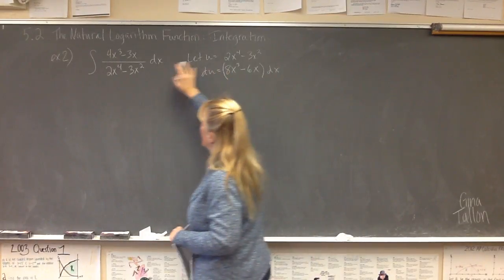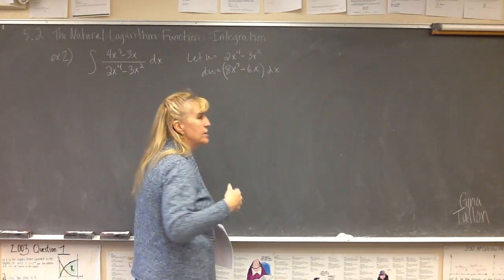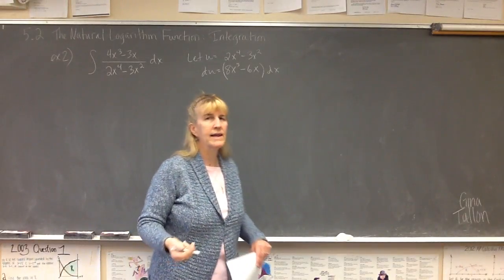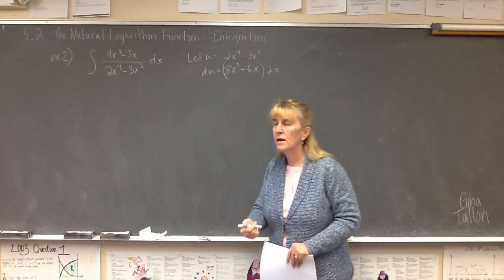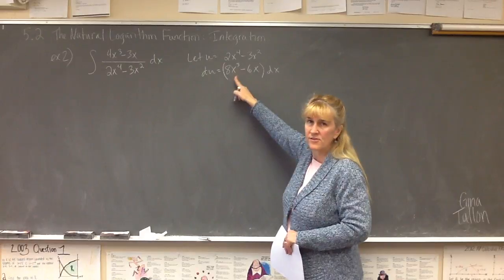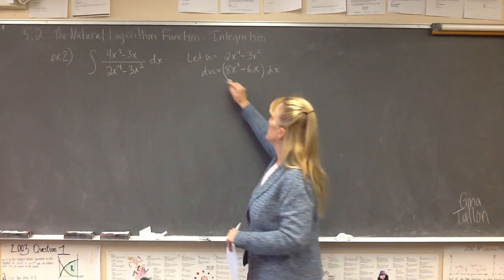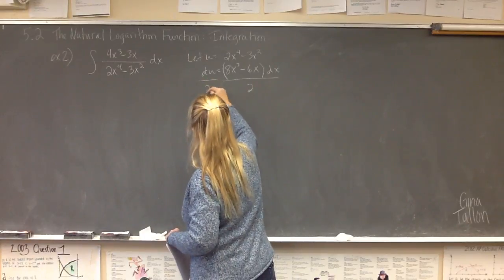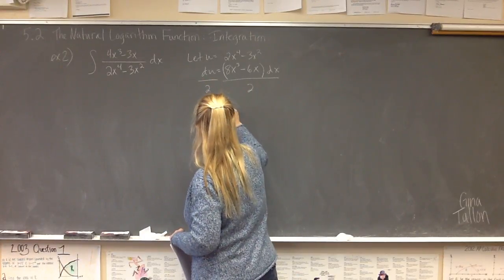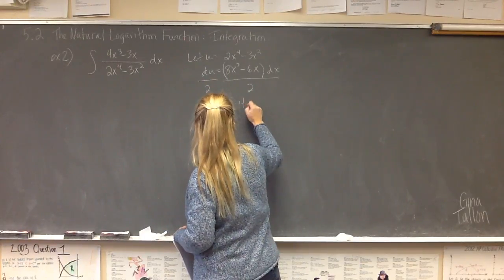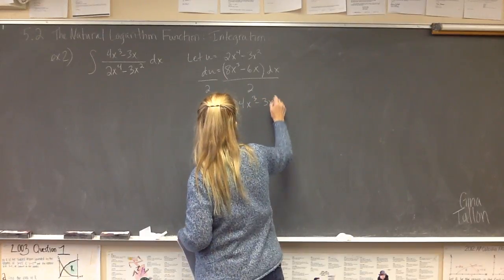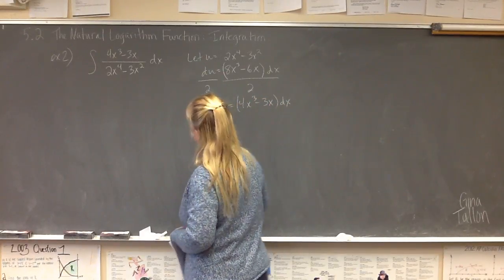Now I don't have an 8x cubed minus 6x in the numerator. But I notice, and you have to notice, no one can help you notice, it's got to be on you. You have to notice that if you take this derivative and divide it by 2, you get that numerator. So you take the derivative, divide by 2, this gives me half of du is going to equal 4x cubed minus 3x with respect to x.